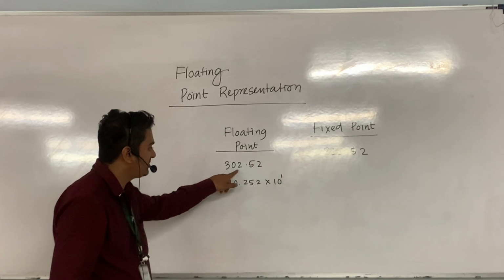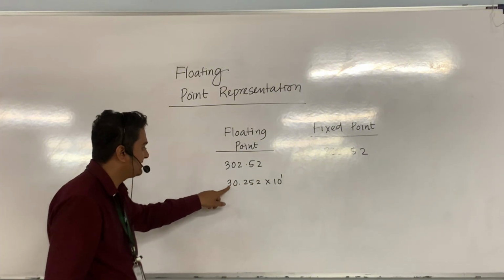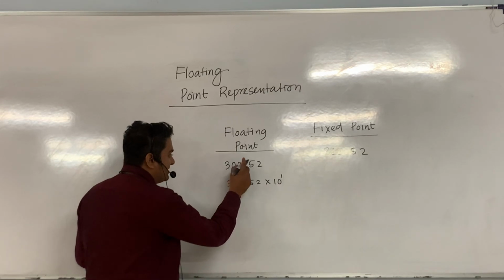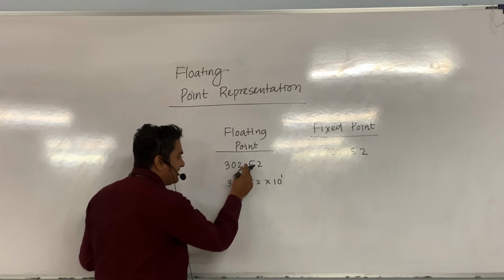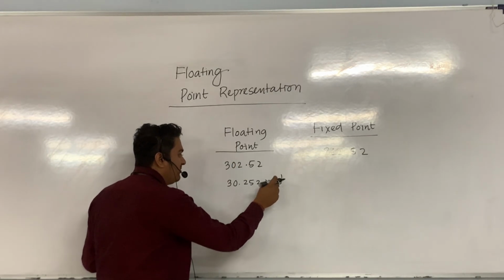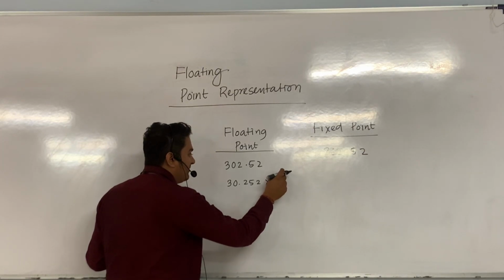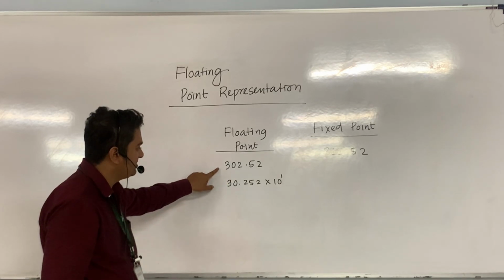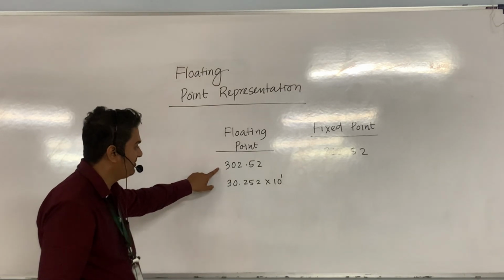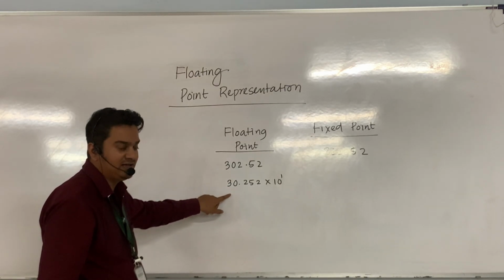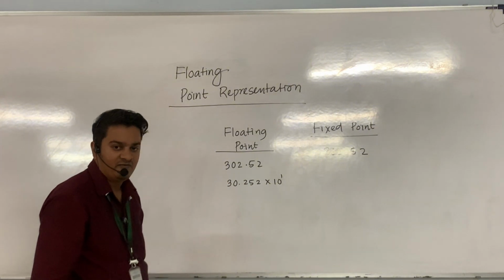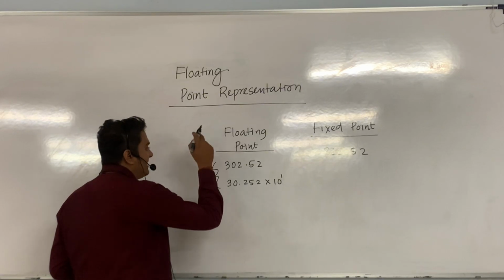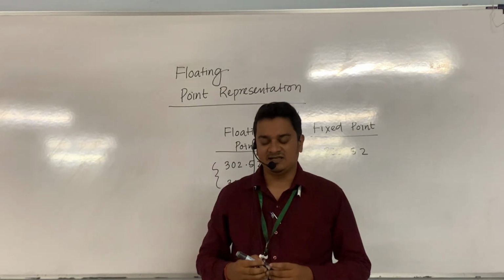So this 302.52 is similar to 30.252 into 10 to the power 1. That means this particular decimal point is shifted one place and we are multiplying by a power of 1 of 10. The meaning is the same. This is also, finally, 302.52. So this type of representation is called floating point representation.